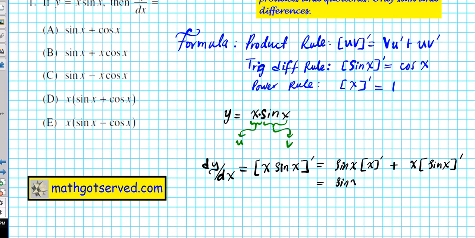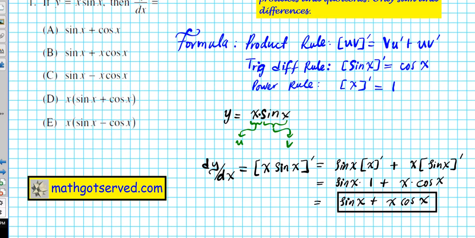Sine x times the derivative of x, which is just 1, plus x times the derivative of sine, which is cosine x. If we simplify, we'll have sine x plus x cosine x as our final answer, and that is option letter B.